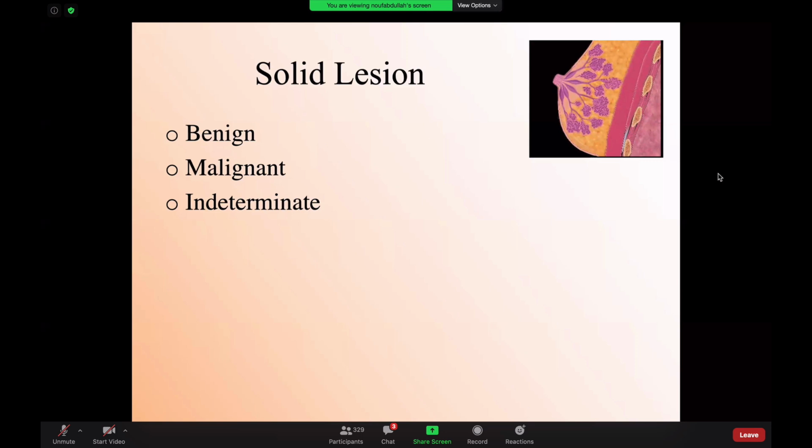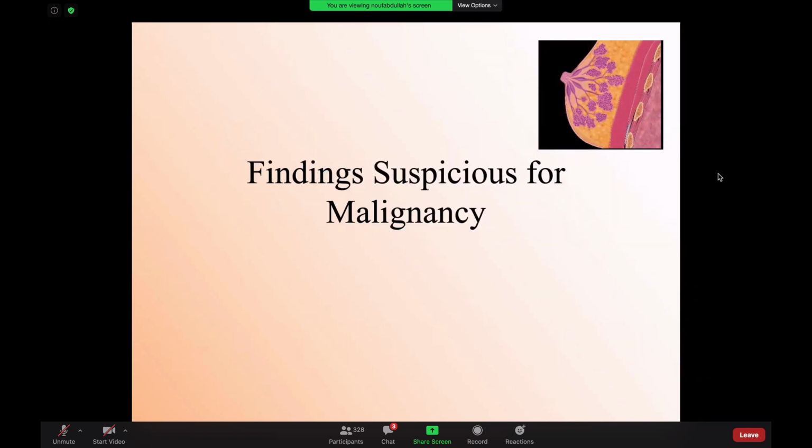Okay, so if I talk about solid lesions, there are special features on ultrasound that can help you to differentiate between benign versus malignant versus indeterminate lesion that you're not sure about and you probably need to do biopsy or not. So what are the findings? Whenever I look at an ultrasound image, I always ask myself 2 questions. My first question: am I dealing with benign or malignant?